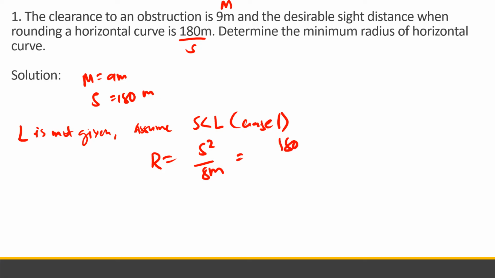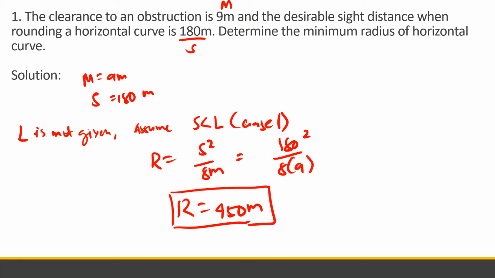So this is 180 squared over 8 times 9. So R is equal to 450 meters. So the minimum radius na kailangan for this specification ng road is 450 meters. So since positive yung result natin, tama yung assumption natin na S is less than L or yung case 1.